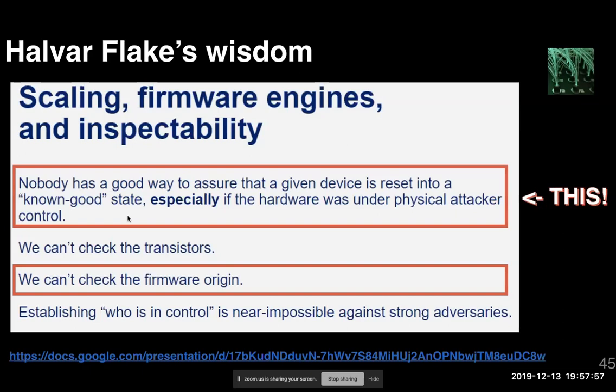That's about supply chain. But another thing I want to draw attention to is that we can't check the firmware origin, right? What you trust is basically what the vendor provides on their website. You trust what is downloaded from or delivered by the vendor, but you really don't know whether it is malicious or not, right?